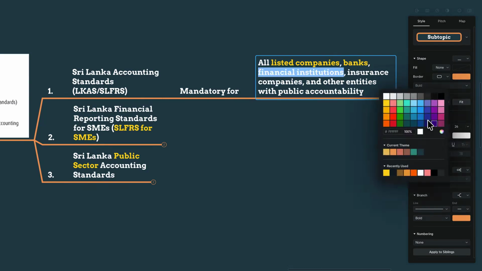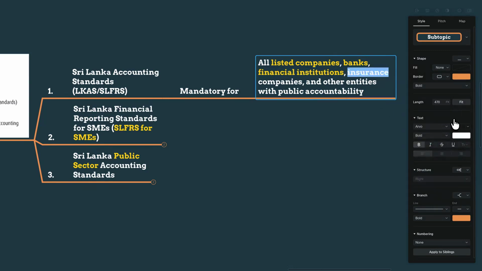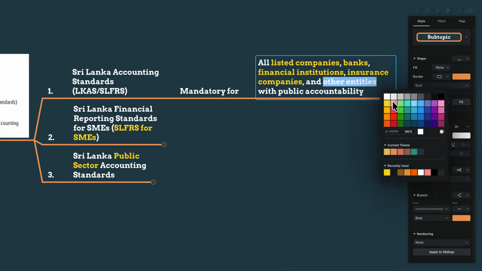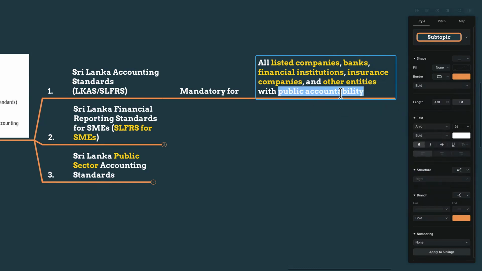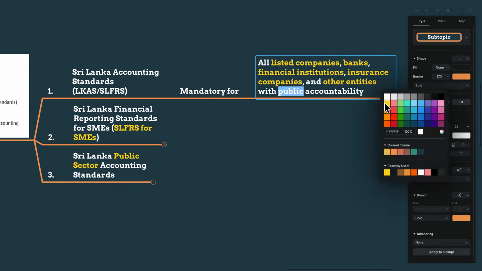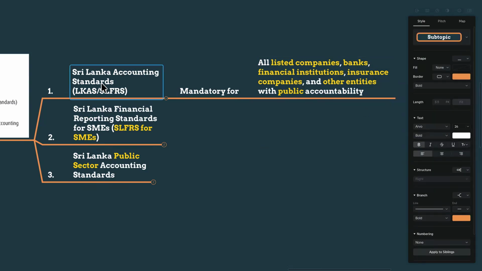So all the listed companies, as well as all the banks in Sri Lanka, financial institutions like leasing companies, all the insurance companies, and other entities with a public accountability. If you are dealing with public money, you have to prepare your financial statements following mandatorily the SLFRS and LKS.